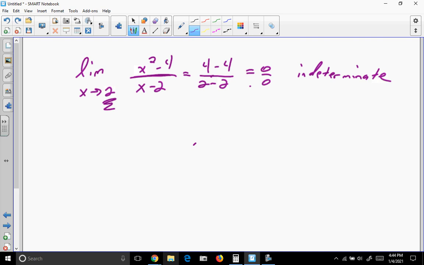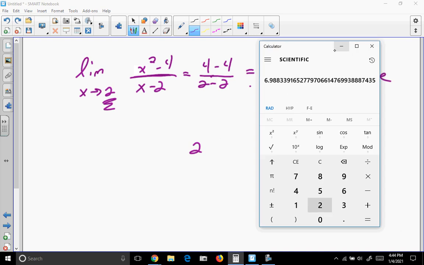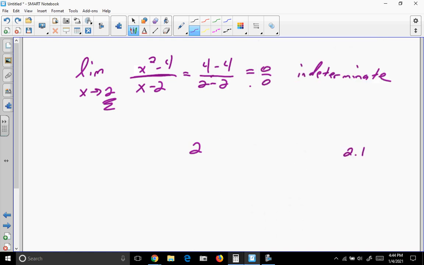So if 2 is here, let's go a little bit to the right of 2, let's say 2.1. If we put 2.1 into our function, we have to be careful how we do this, but 2.1 squared minus 4, that's the top. And if we do 2.1 minus 2, we would get 0.1 on the bottom, so we get negative 3.9, if I typed that in correctly.